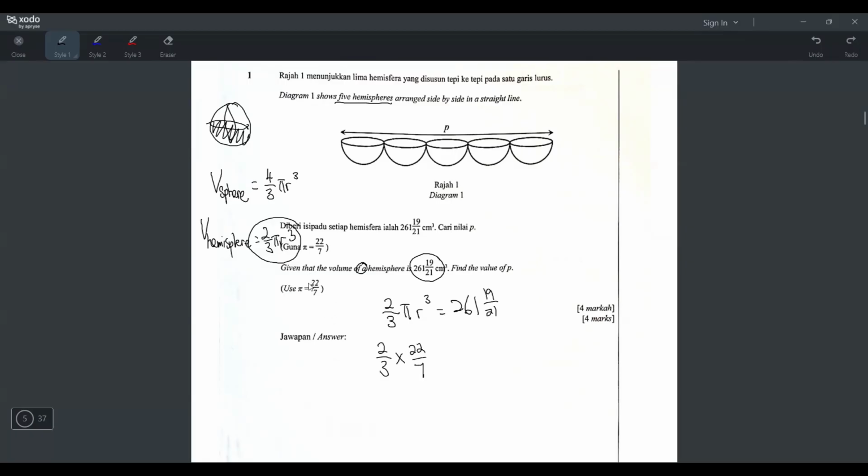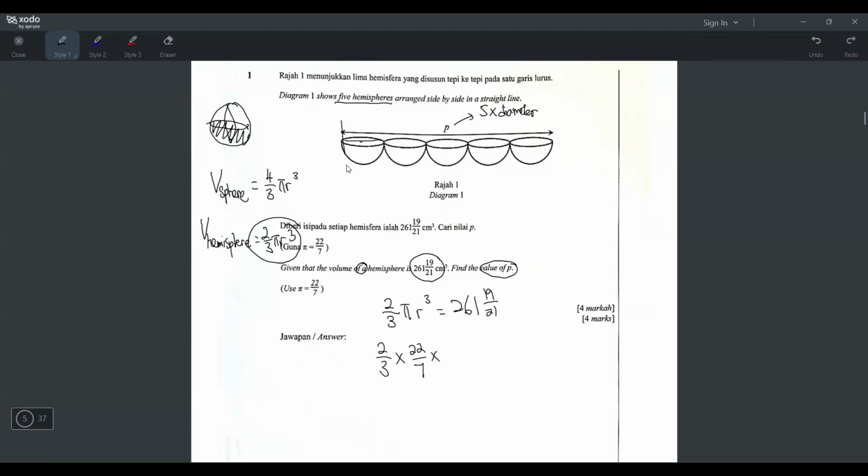For the radius, they never give, but they did mention to find the value of P. And if you can see, P is actually 5 times the diameter. Do you agree? Because there are 5 hemispheres here.